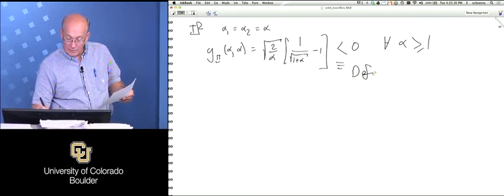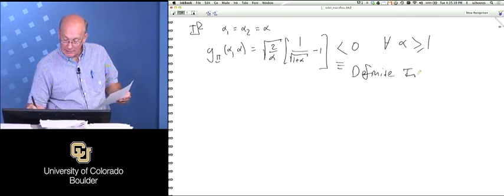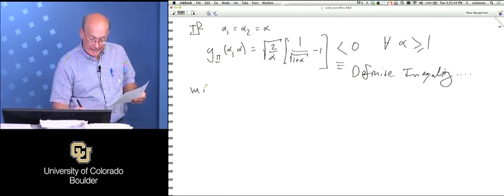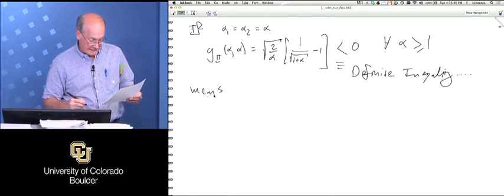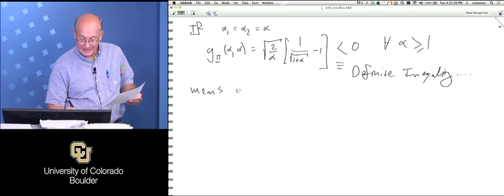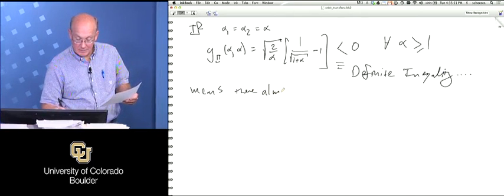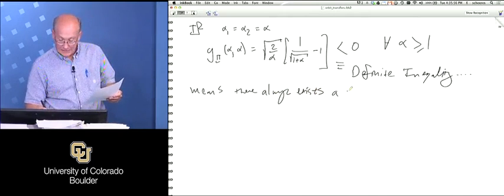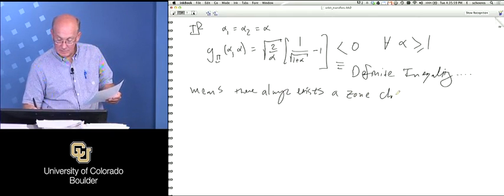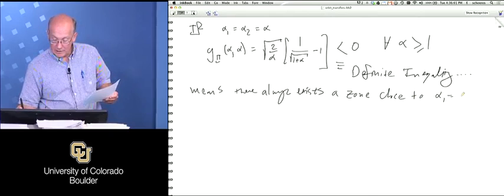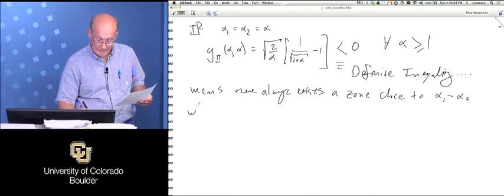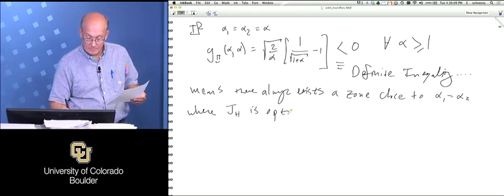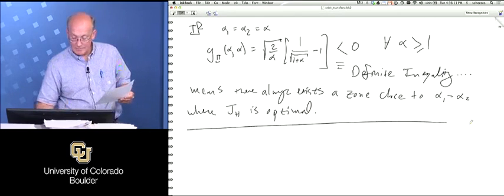And furthermore, it's important to know that this is a definite inequality. And here it means that there always exists a zone close to alpha 1 equals alpha 2 where the Hohmann transfer is always optimal.